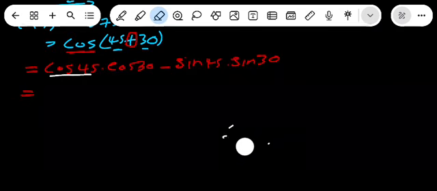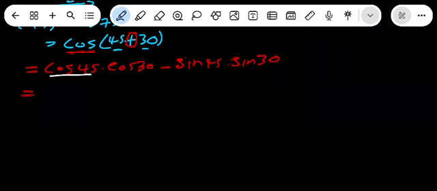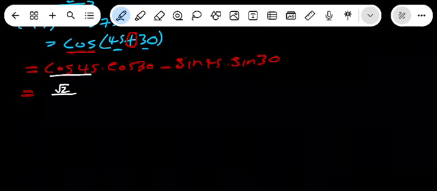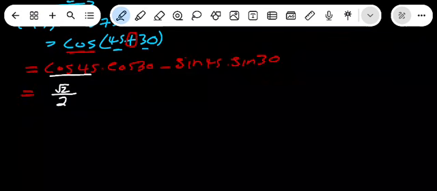Cos 45, you use your special angles, isn't it? So this will be the square root of 2 over 2. I know, so you can read this.